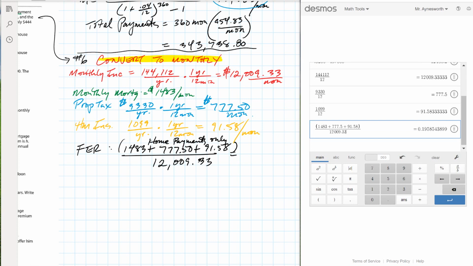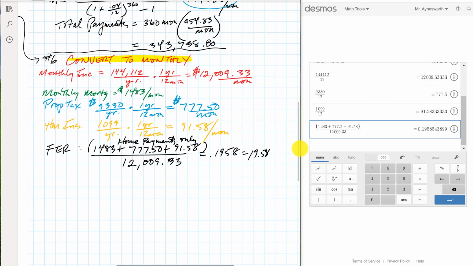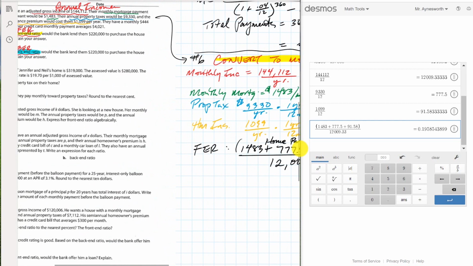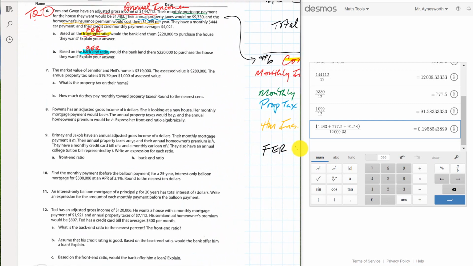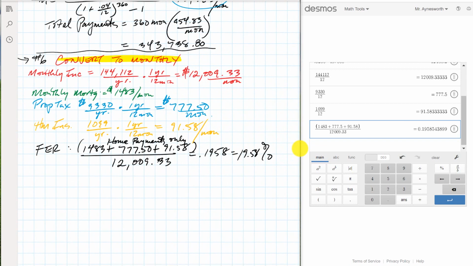And right there I get 0.1958, which is 19.58%. I think it says to round, so we can round that to 19.6%. That's the front end ratio.